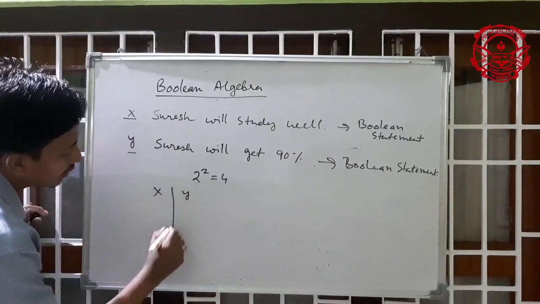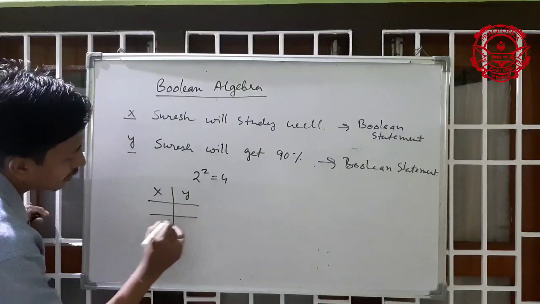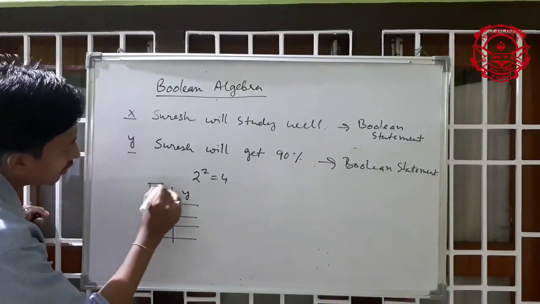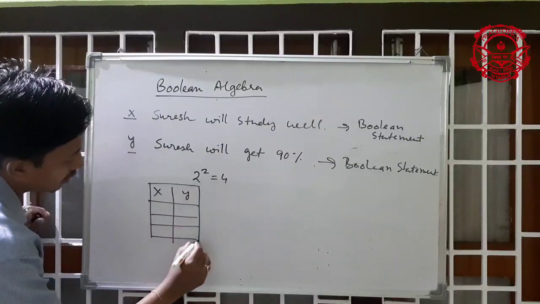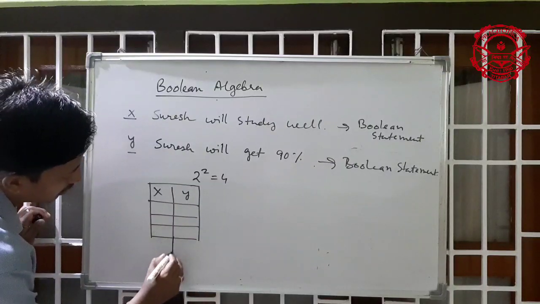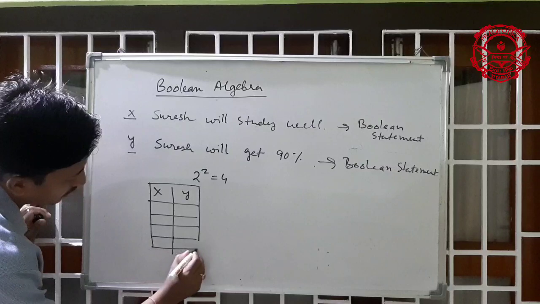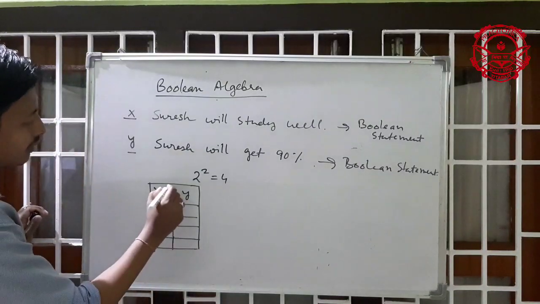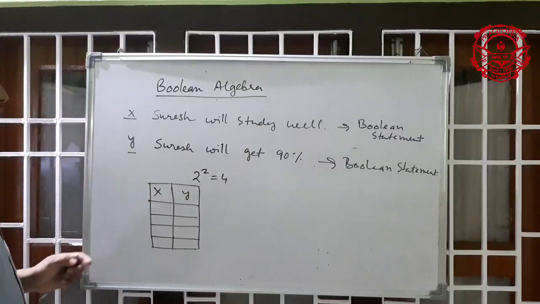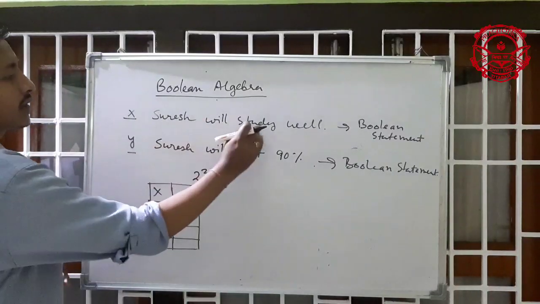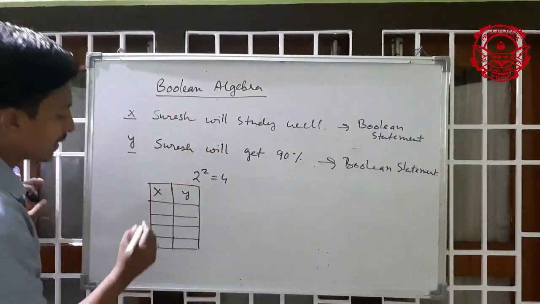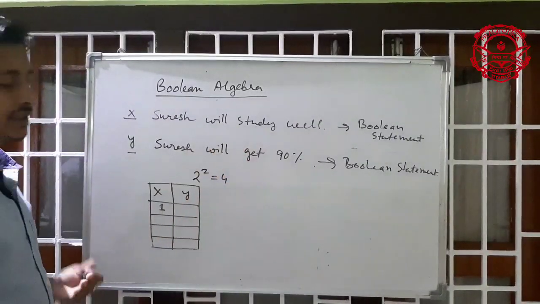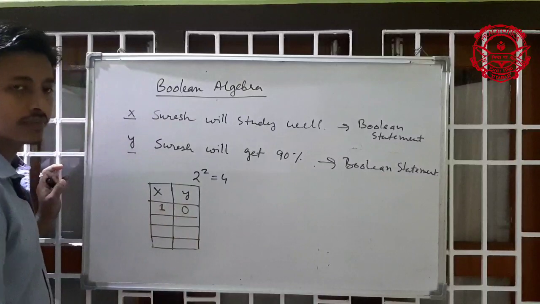Now you can see here. First, Suresh will study well, which means 1, but he will not get 90%, which means 0.